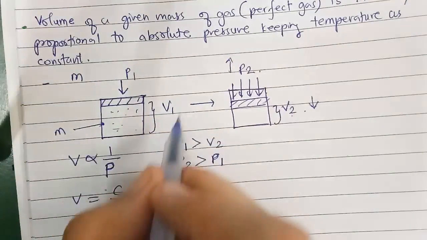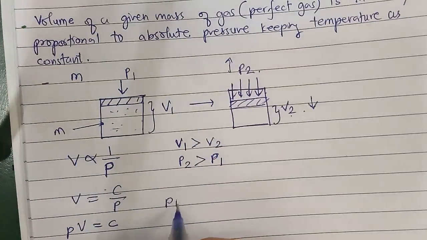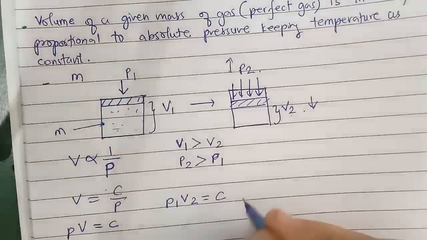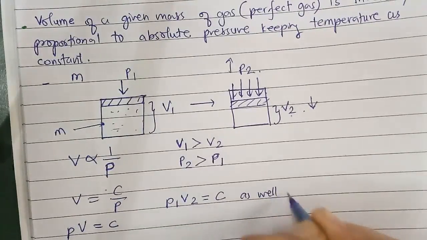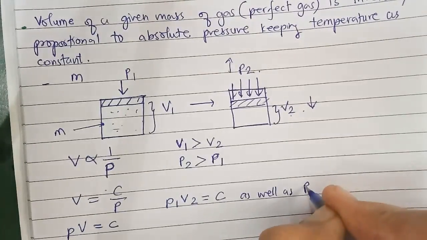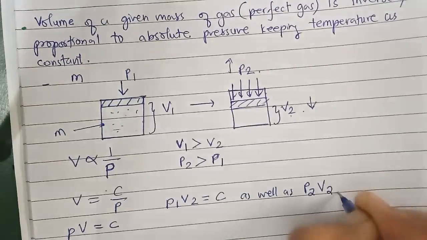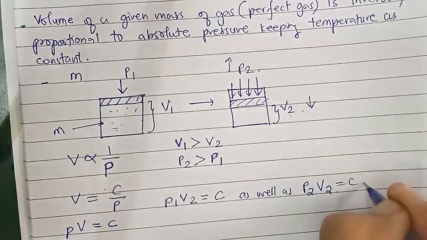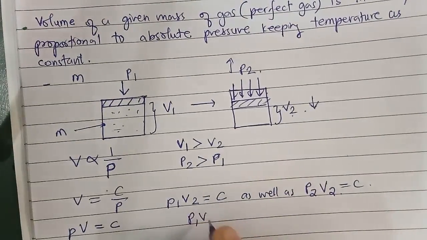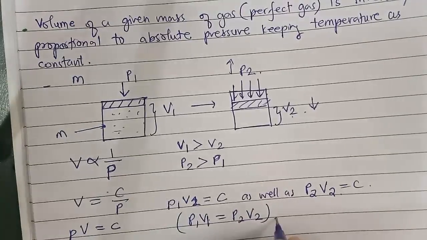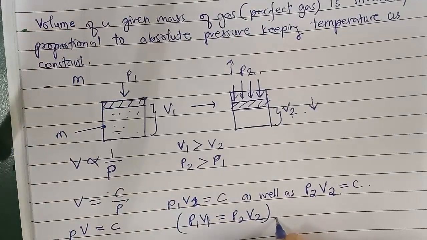So if we consider the first case, P1 times V1 is constant, as well as P2 times V2. So we can ultimately say P1 V1 equals P2 V2. That's our Boyle's law.